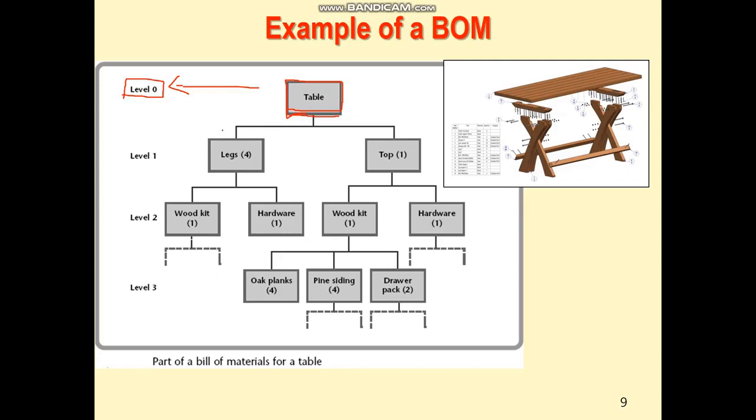The next level shows us the components and materials we have to prepare to make a table. The first one is level 1, that is the components to make a table, right? And so on and so forth, we will have level 2 and level 3.